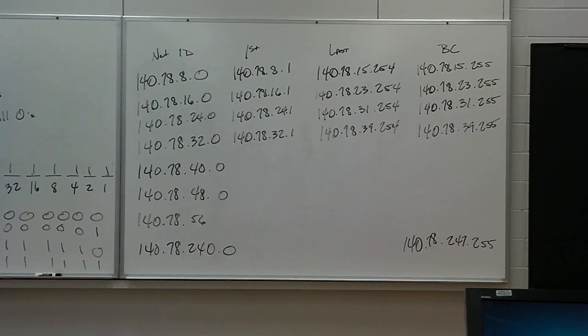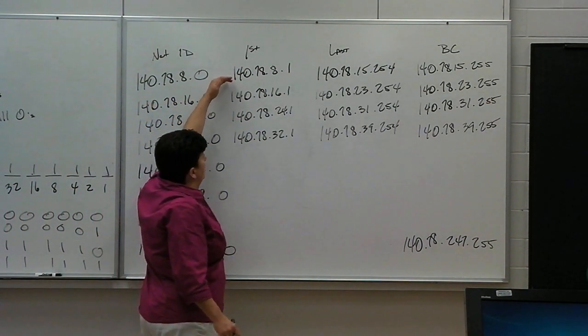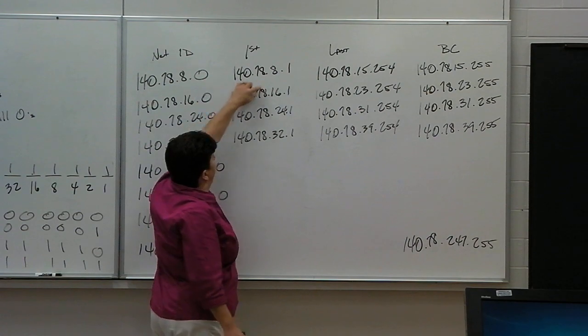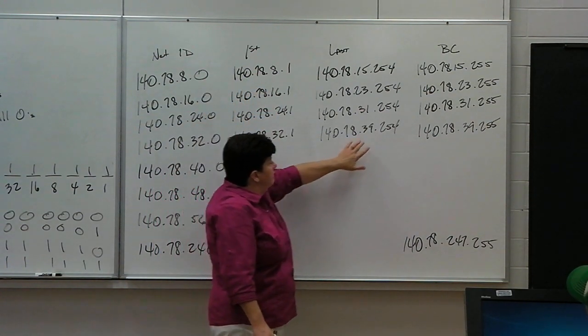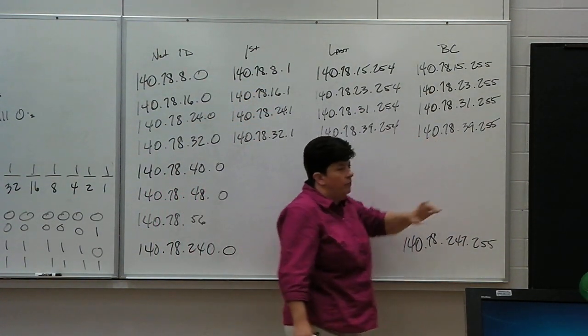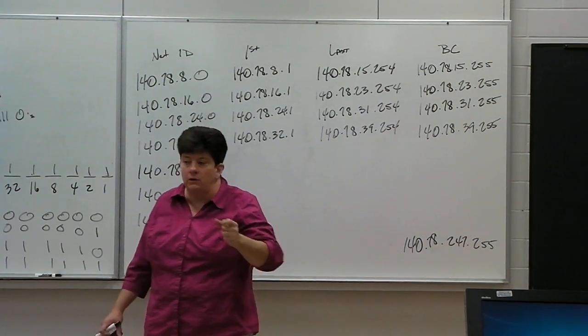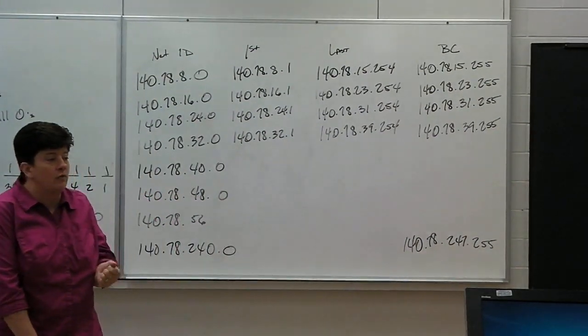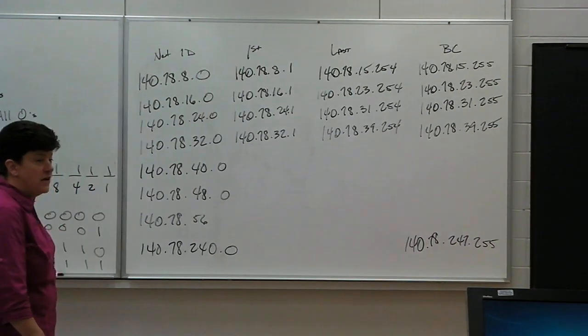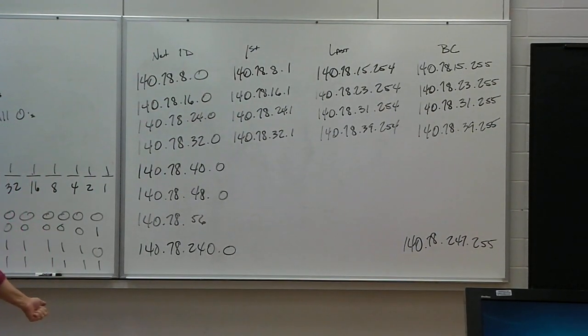The last one, they will do that every single octet. Once I have the first line, I could have drawn out the first line and then +8 all the way down, +8 all the way down, +8 all the way down. But what else do you see? What is the relationship between the broadcast address of one network and the network ID of the next network?